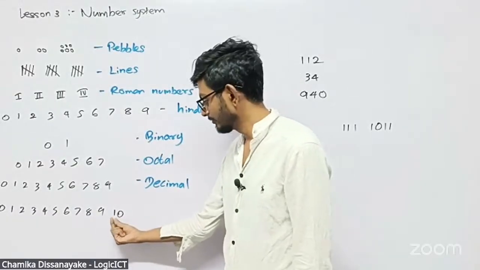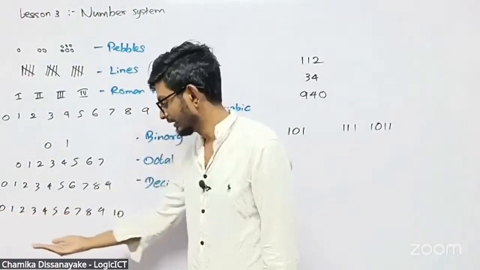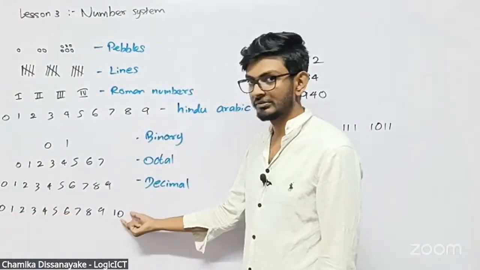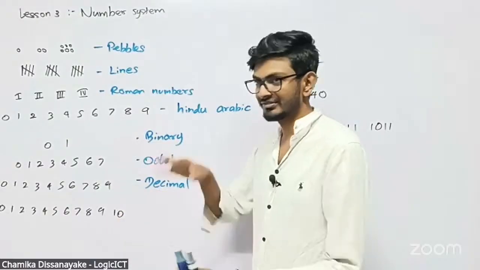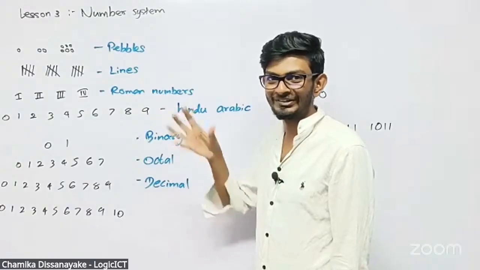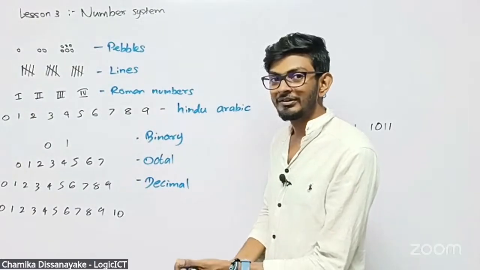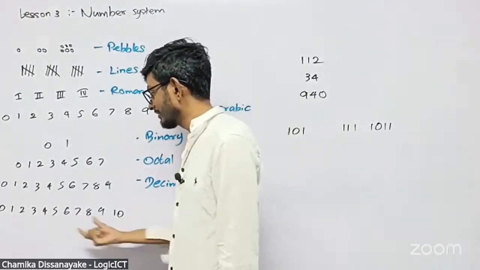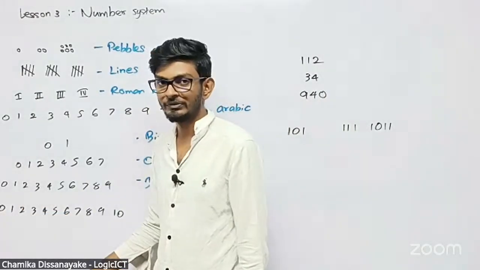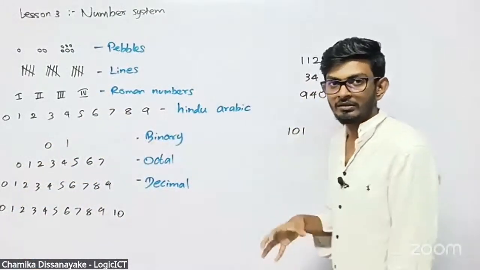Here we have already used that one. We are going to use the 0 symbol, this round shape. This shape is already used. You can see this one and this one, they have already been used. What happened?